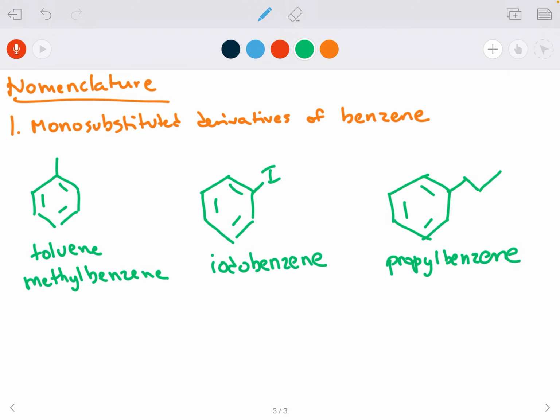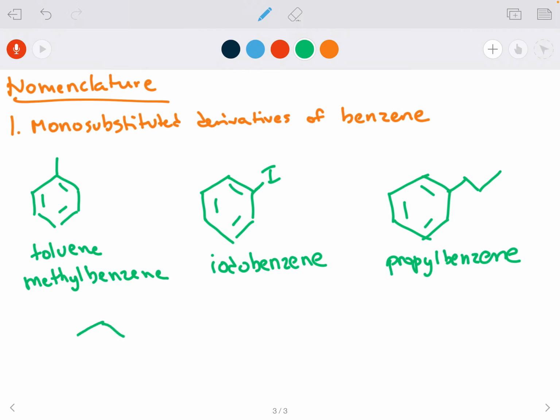Now one note, if the substituent is longer in carbons than the number of carbons in the ring, so for benzene ring we got 6 carbons. So if we have a substituent that's 7 or more carbons, the benzene ring becomes the substituent when we name it.